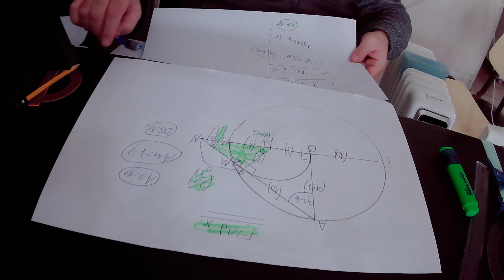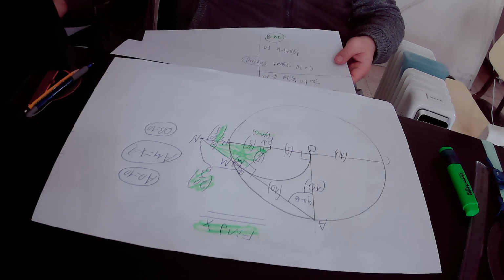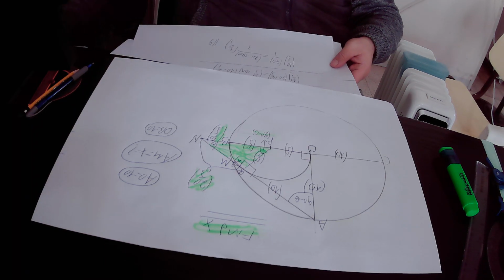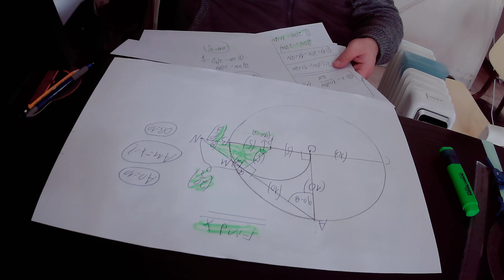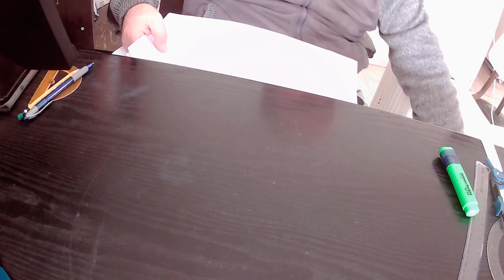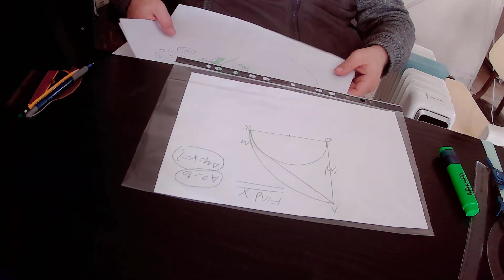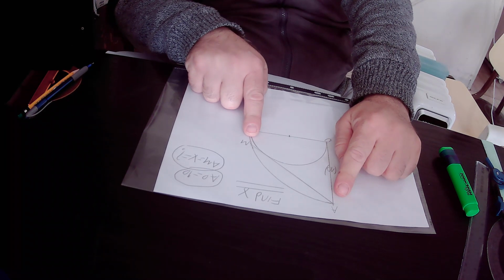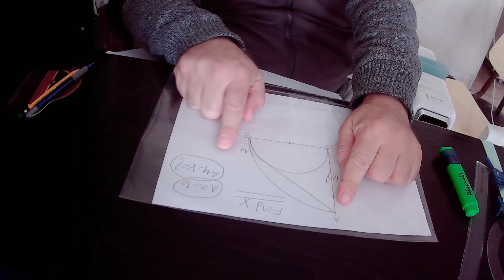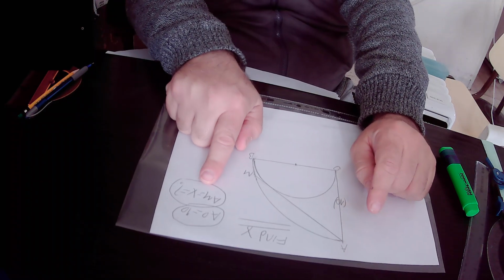Okay, so in the next step, I'll summarize the lecture. In this lecture, we found out the length of this line segment AM, that is equal to x according to what is given in the question.